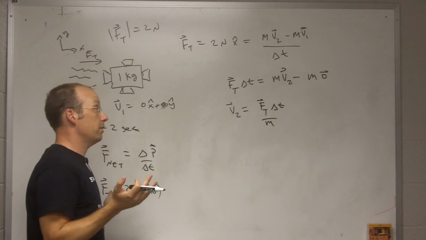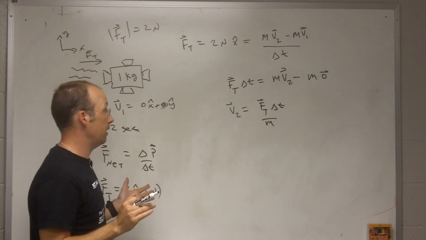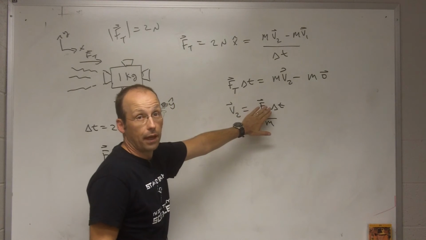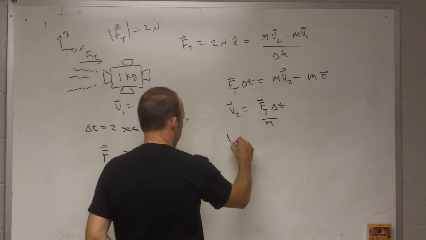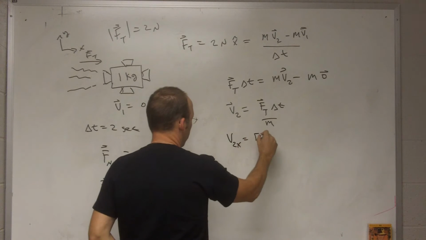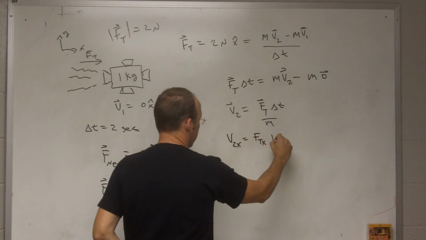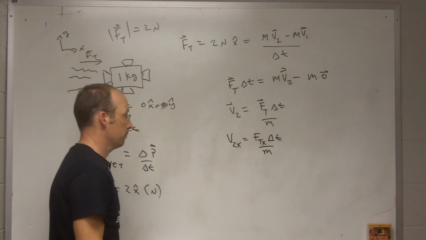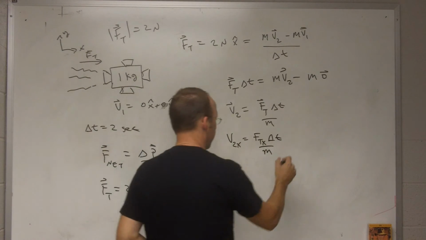Now I can change this to a scalar equation by looking at the x components: v2x equals Ftx delta t over m.